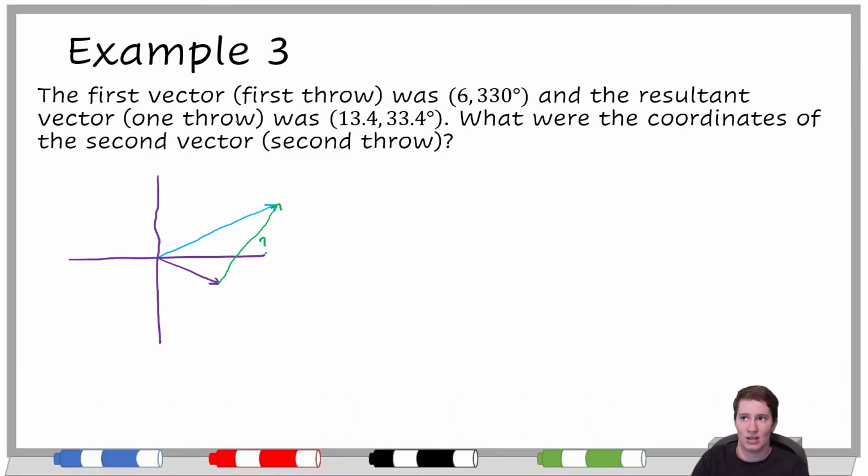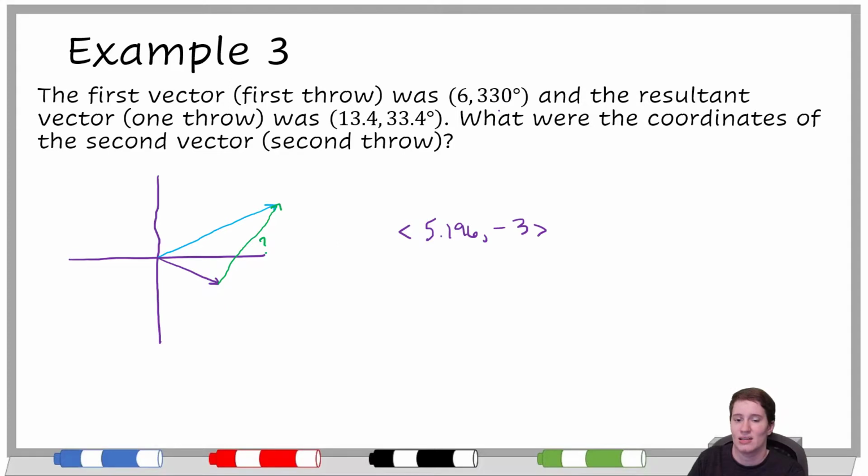If instead of taking two vectors, adding them together and getting the result, we know one of the vectors and the result, we're going to subtract instead of add, and that will give us the coordinates for the second vector. So let's find our first vector, which we do 6 cosine 330, and that gives us 5.196, and then we'll do 6 sine 330 and get -3.